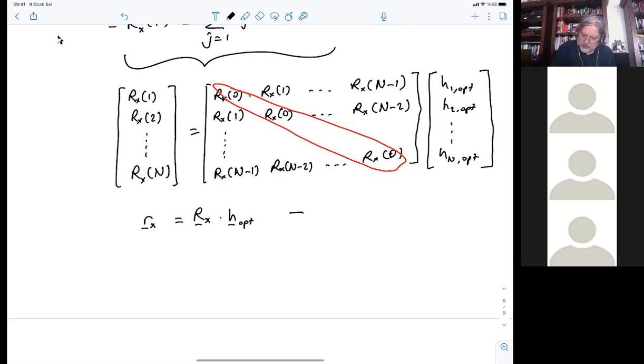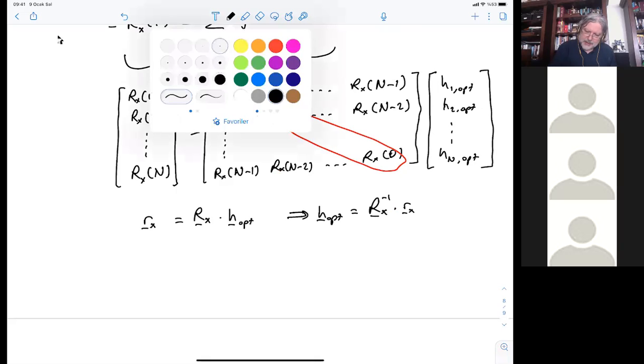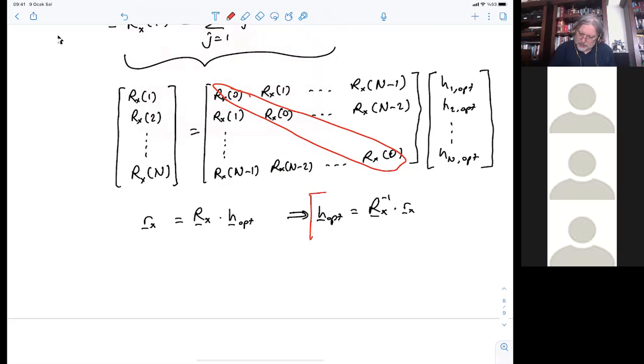And from here, we know that in order to find h, all you have to do is invert the matrix and multiply it with the left-hand side vector. And that's it. Rx, the autocorrelation matrix inverse, times the autocorrelation vector.